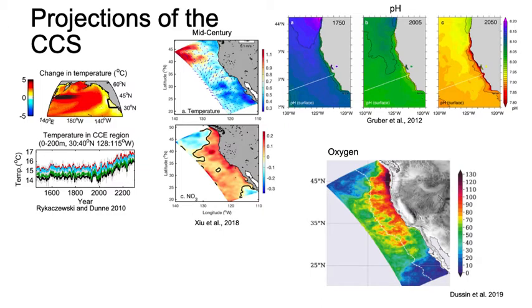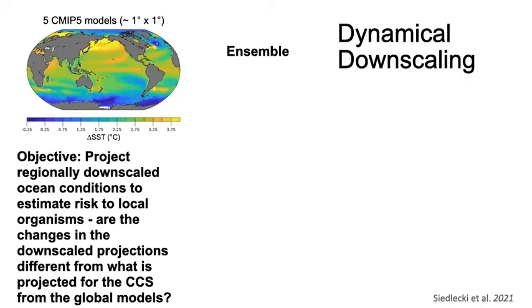So we were asking the question: can we use the large scale information to inform us about the risk that ecosystems closer to the coast will experience? We set out to address that question.